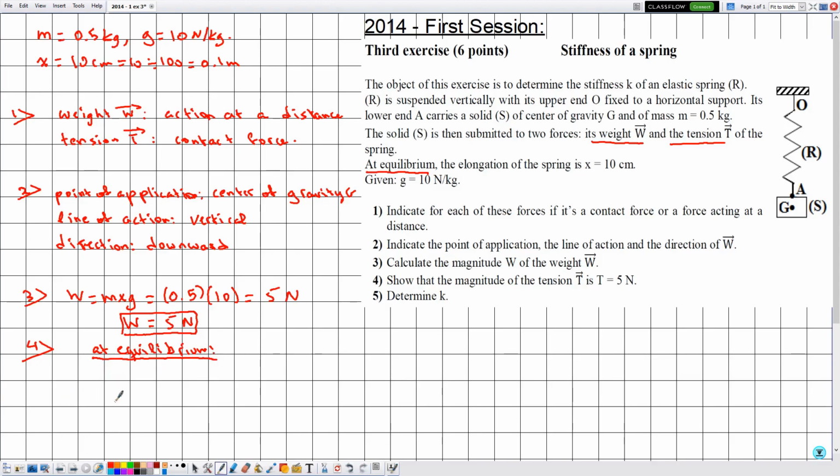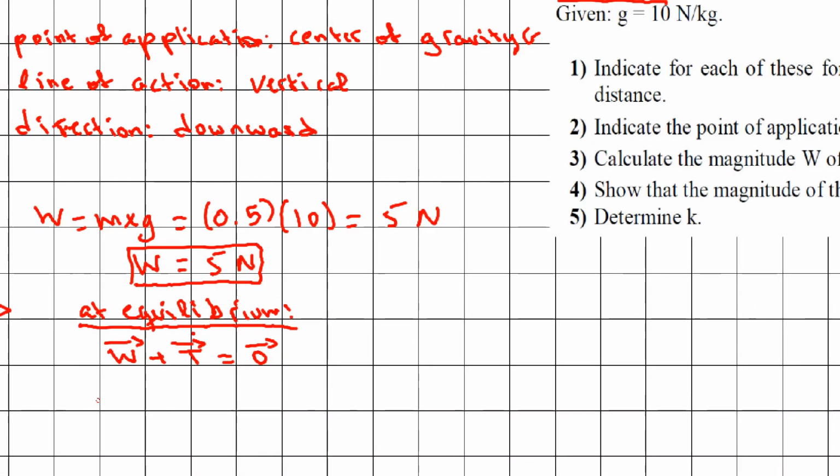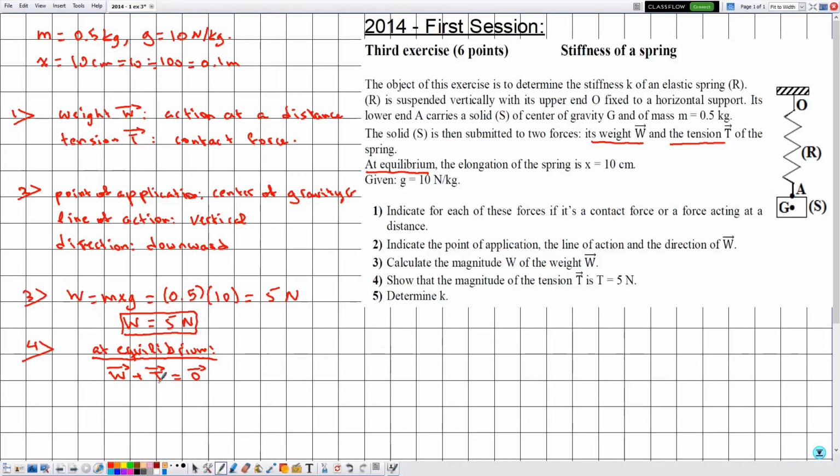Always on the left we write the sum of forces acting on S, given by the weight W plus the tension T. On the other side of this equation, we write the zero vector corresponding to the condition of equilibrium. Now moving T to the right hand side, the condition of equilibrium is given by W vector equal to minus T vector.